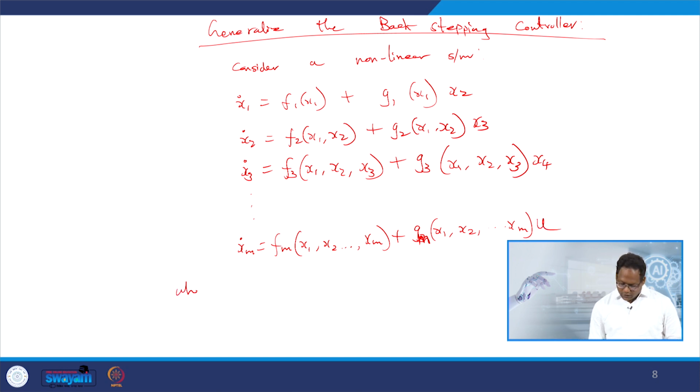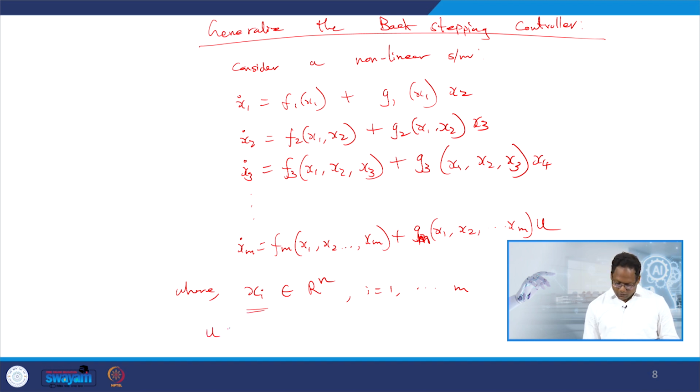Okay, so here we can see what are the xm, xi and u. How can we say that? So, xi belongs to the n dimensional Euclidean space where i equal to 1 till m, where xi represents the state of the system.